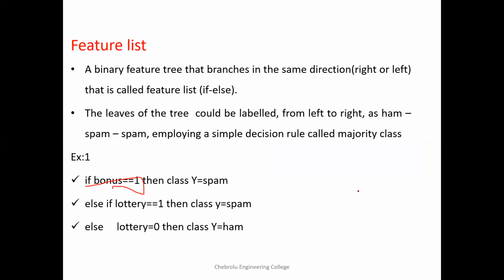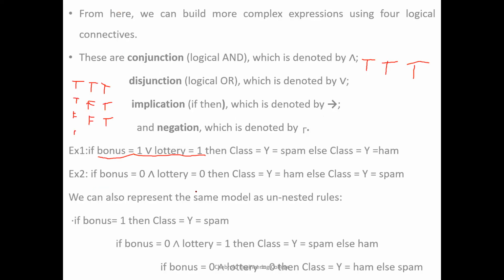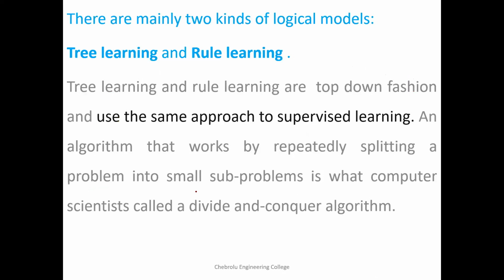Features lists are written like features and decision, and we can have an example also. We have logical and, logical or, if-then, negation. All these are used to combine two or three logical expressions.